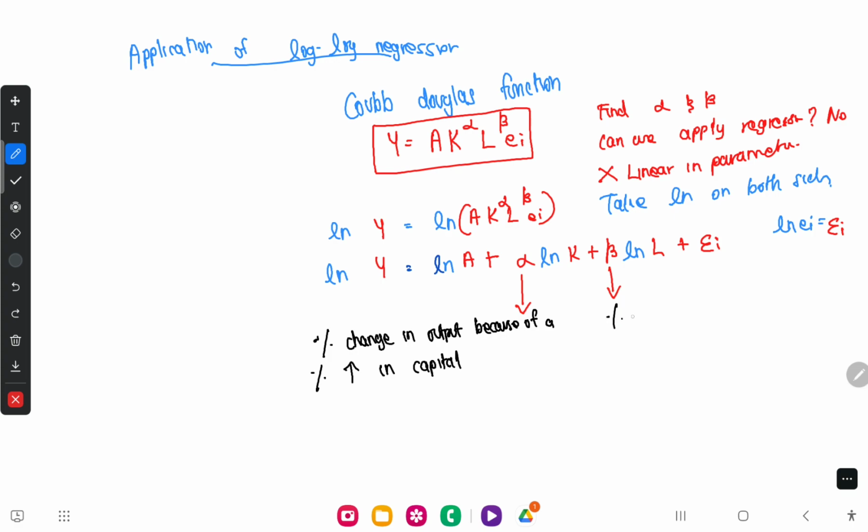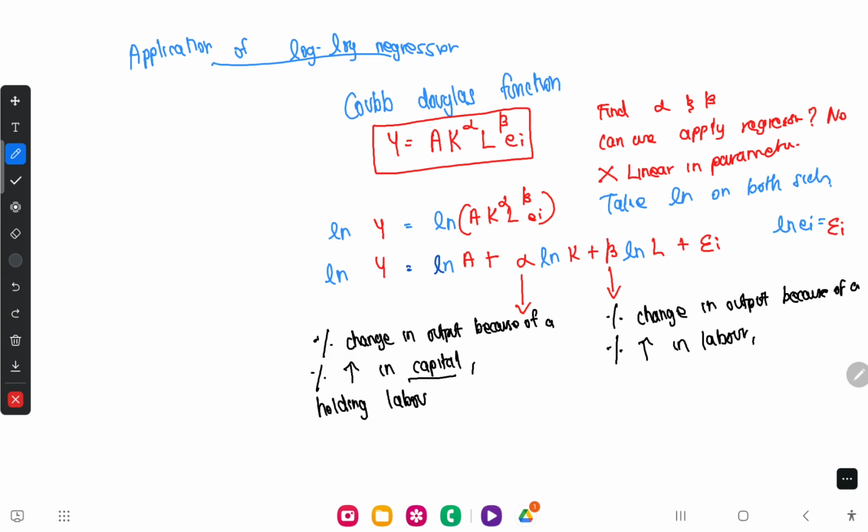And on the other hand, we have the percentage change in output because of a percentage increase in labor. Is this a multiple linear regression model? Yes. Therefore, we have to hold the other variable constant. So since we are talking about capital over here, we should say holding labor constant. And since we are talking about labor over here, we have to say holding capital constant.